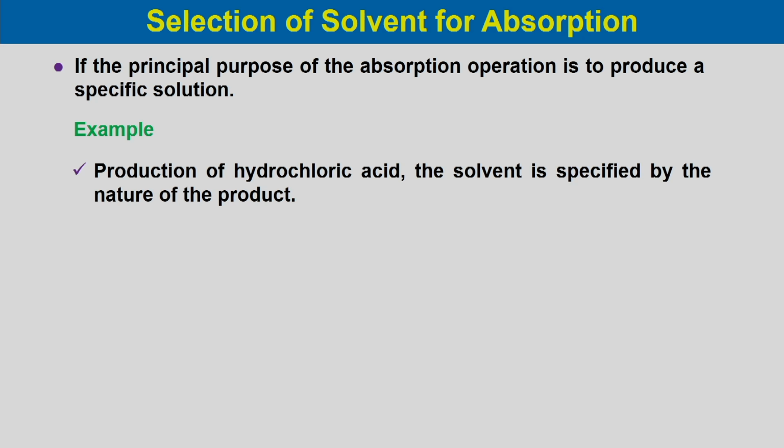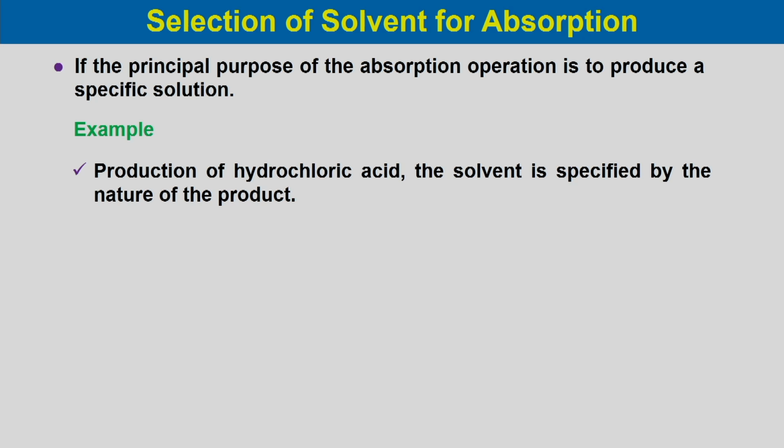So, if we wanted to produce hydrochloric acid, it will absorb only the gaseous component, produce the solution of the hydrochloric acid which will be a usable product. So, in this case the solvent will be decided based on the use of hydrochloric acid.